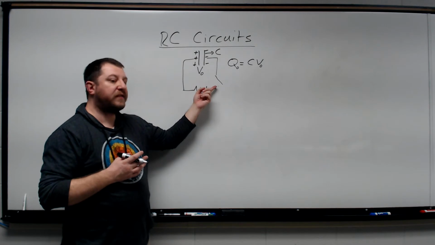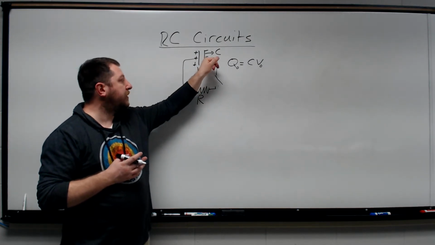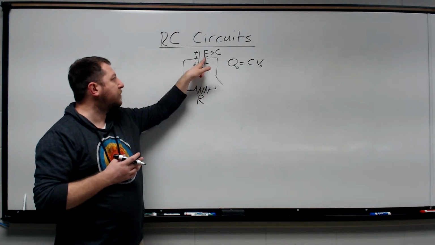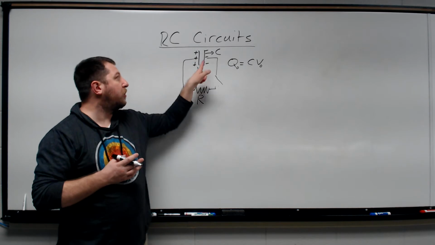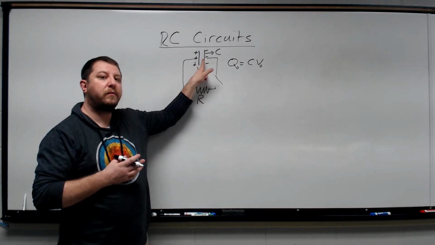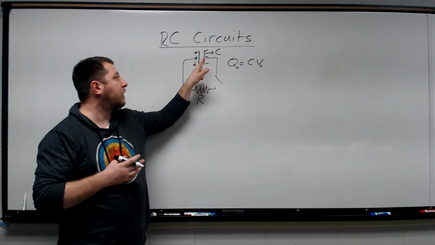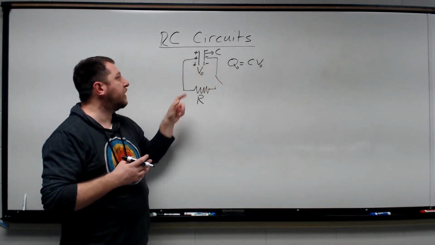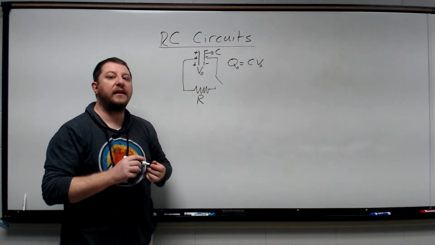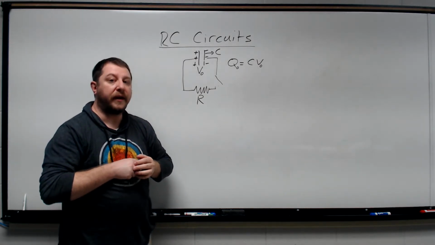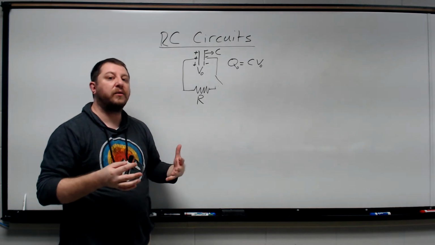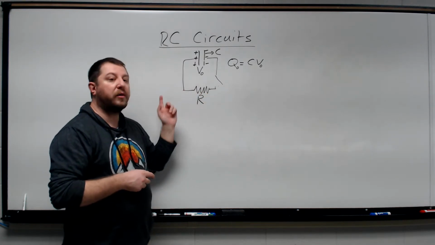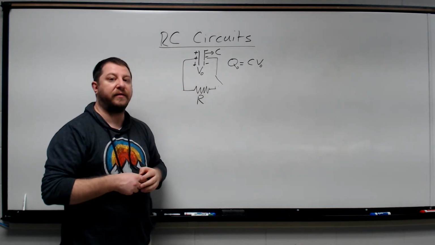There's already an electric field here, and what's going to happen is there's going to be a completed electric field inside the circuit. It's that electric field which will set up a potential across the resistor, and current will flow through the wires as a result of that established electric field.